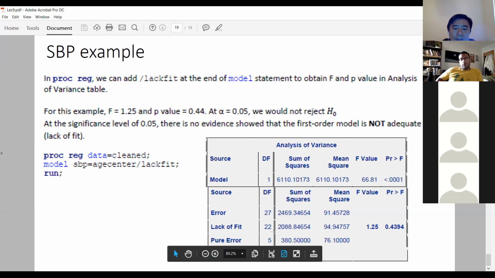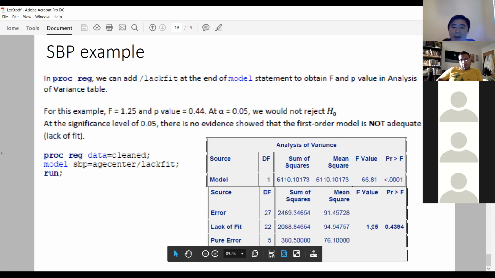It just tells you the highest polynomial you can go is h to the power 23, but it tests if this is necessary using the sum of squares for that part. So this is the sum of squares explained by these 22 terms, which include the h quadratic term, the h cubic term, all the way up to h to the power 23, and the mean square error is equal to 94.